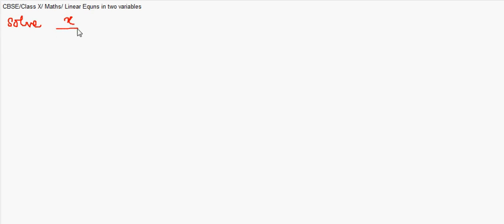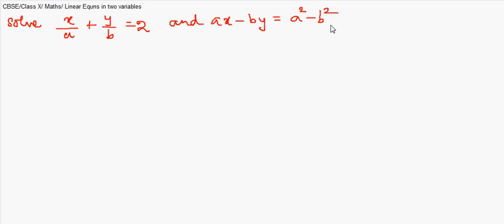which is x by a plus y by b equals 2. This is in a fraction form, and the other one is ax minus by equals a square minus b square. Now to do so, this one is not in the format, so let me just take up the LCM.